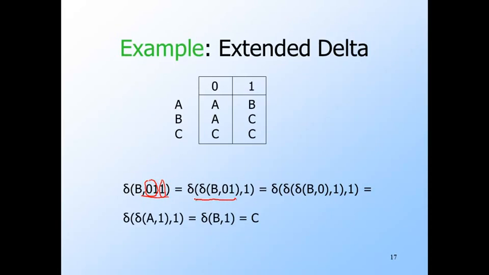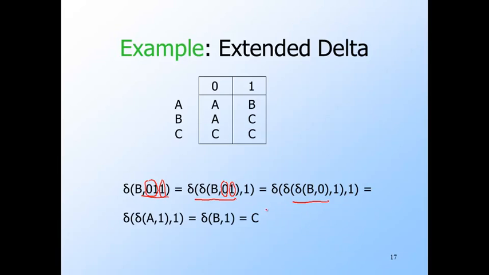Then we have to compute delta of B and 0, 1 and see where it goes to on input 1. Now 0, 1 is broken into a string W that is just a 0 and then an A, which is 1. So we need to compute delta of B and 0 and then see where we get to on input 1.